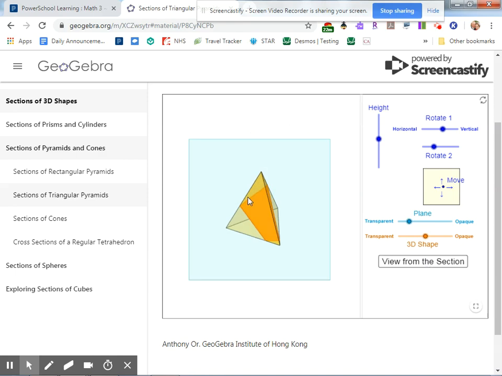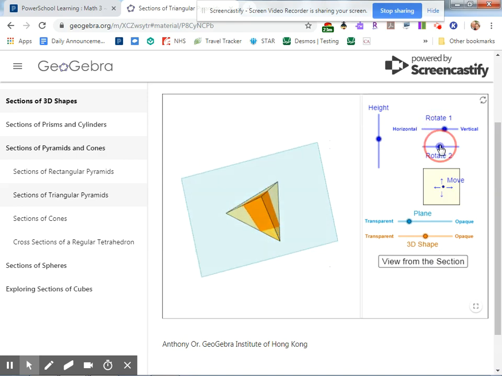We end up with something funky. It's not a rectangle, it's not a square, it's just a quadrilateral, a four-sided figure there. And I can still move it from here. Now, there are ways I can get back to a triangle, even though it's not completely parallel or anything like that. So there are a bunch of different options.